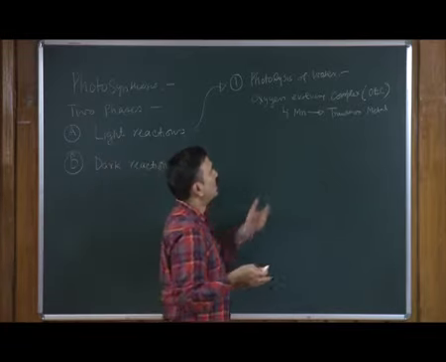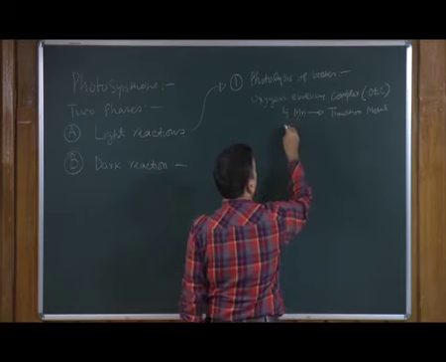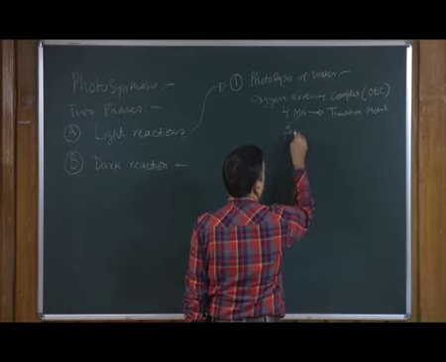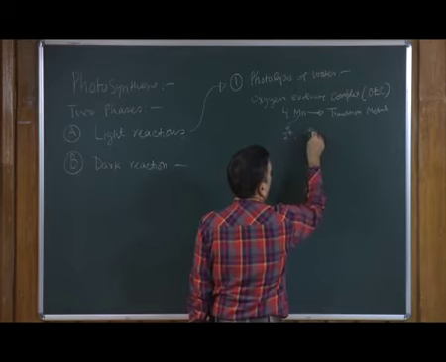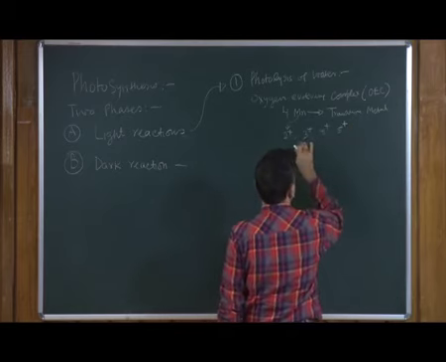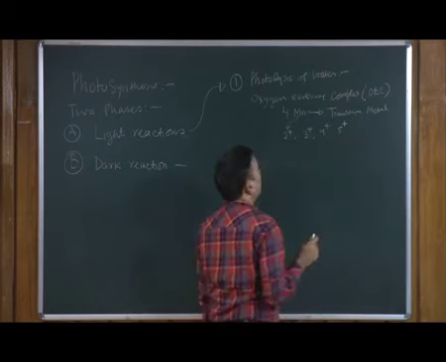Similarly, manganese can also exist in different transition states. What are these states? It can go through these stages: 2+, 3+, 4+, 5+.